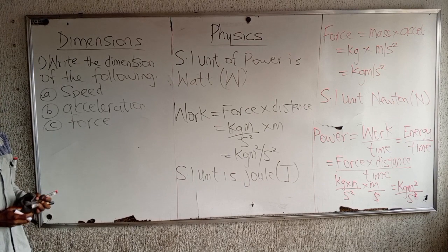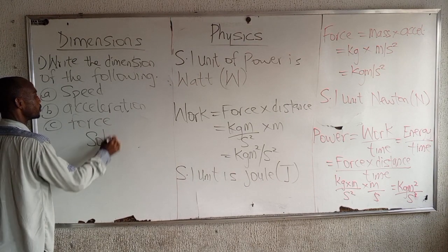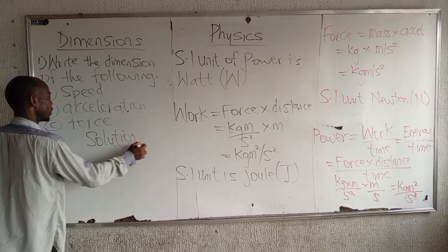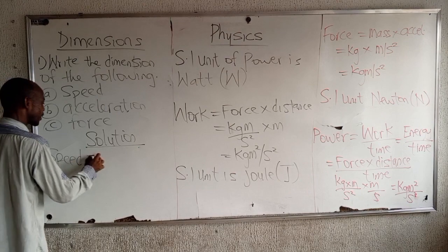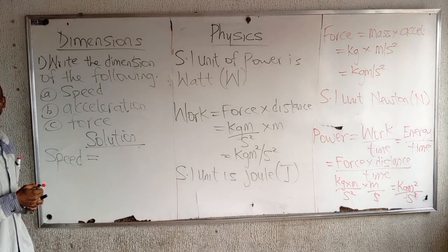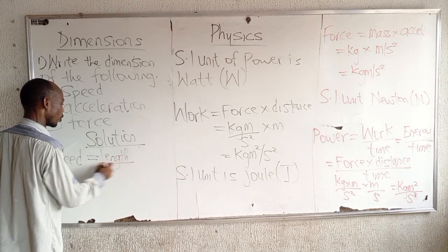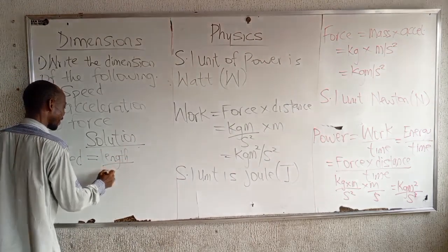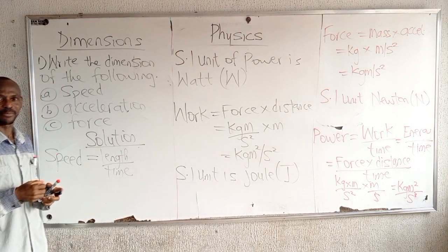Now if you want to write the dimension of speed, let's look at the solution. Speed. What is speed? We say speed is length over time.